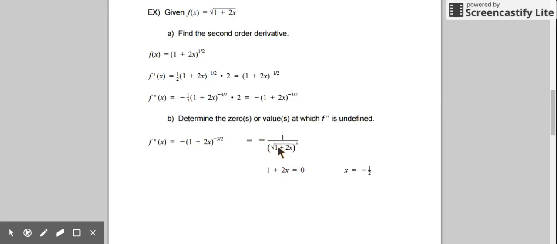Then I could visualize that if the denominator was 0, my function would be undefined. So if I could get the square root to 0, then the denominator would be 0. So anything under the square root, if that's 0, then the square root is 0. So I know that 1 plus 2x, if that's 0, then the whole thing is 0. So find the zeros of just 1 plus 2x, and we get x equals negative 1/2. So if I plug negative 1/2 in, I would get an undefined value of this function.